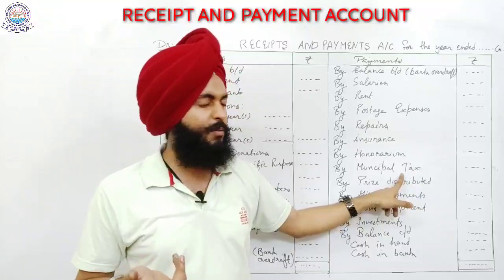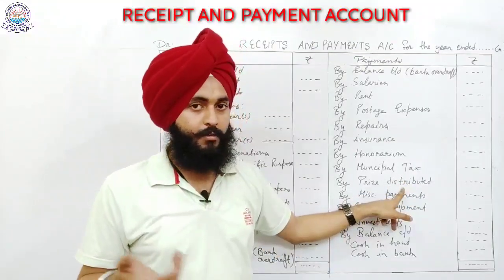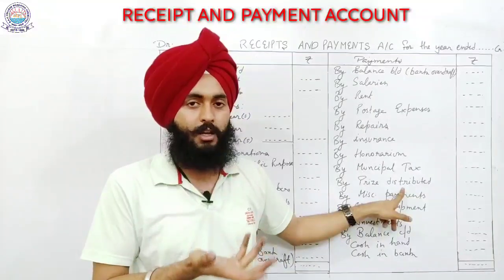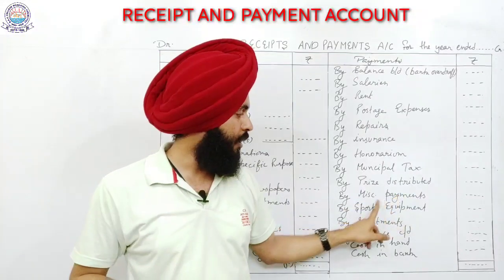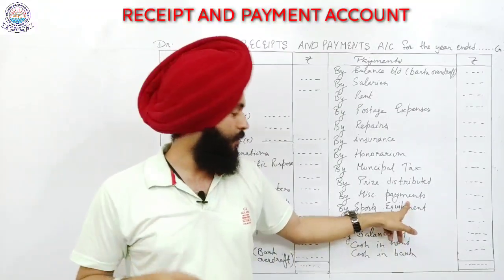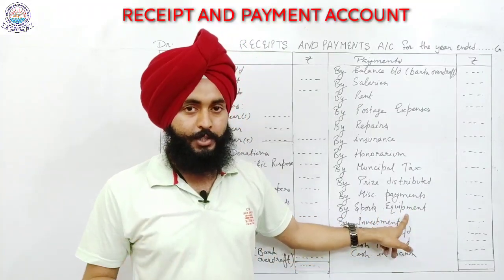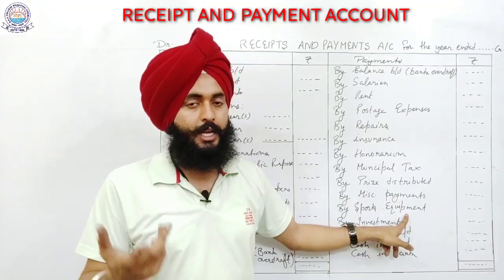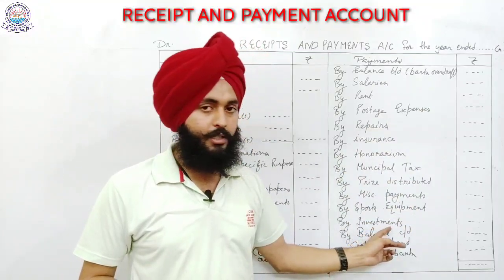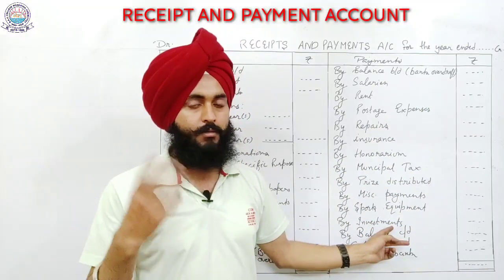Municipal taxes we have to pay. Prizes distributed, some sort of distribution, this is an expense, that's it. Miscellaneous payments, there may be other payments also. Sports equipment, if we have purchased sports equipment, that is also an expense for us. Investments, we have invested that amount, we spend it.